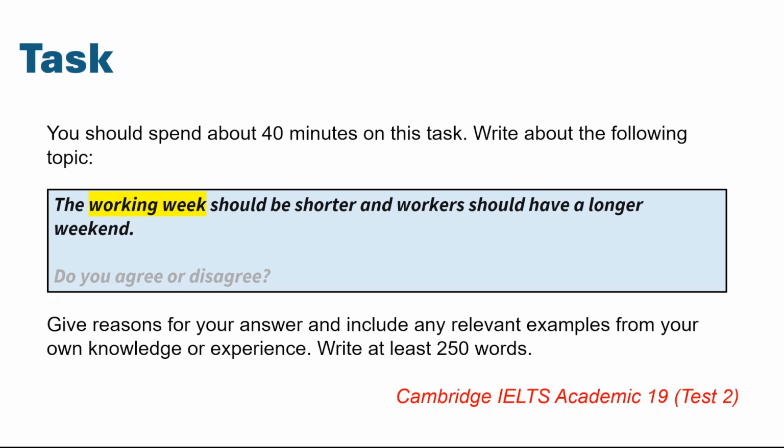So it's talking here about the working week, which in most Western countries anyway is Monday, Tuesday, Wednesday, Thursday, Friday, and our weekend is on Saturday and Sunday. And this statement here is an opinion statement, arguing that the working week should be shorter and workers should have a longer weekend. So maybe 3 days instead of just 2.